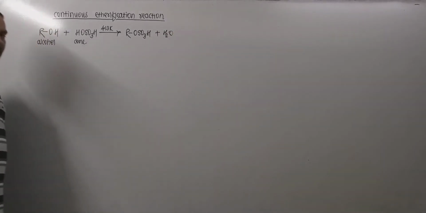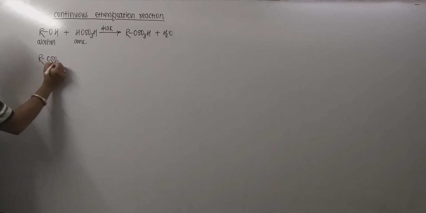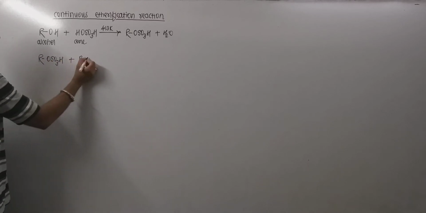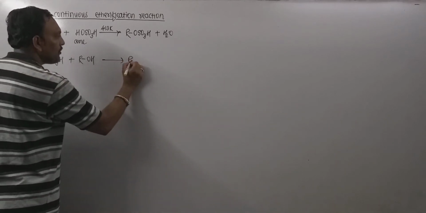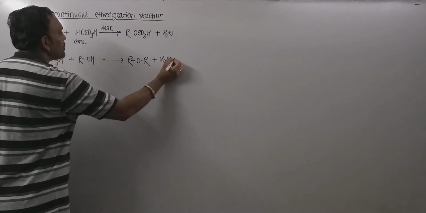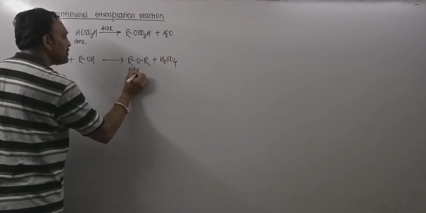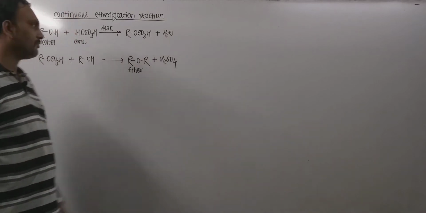This alkyl hydrogen sulfate reacts with another mole of alcohol, which leads to the formation of a simple ether along with H2SO4. In this way, ethers can be obtained by this reaction.